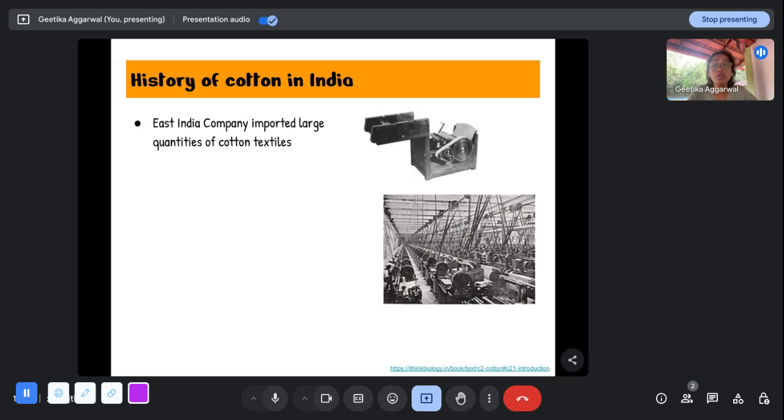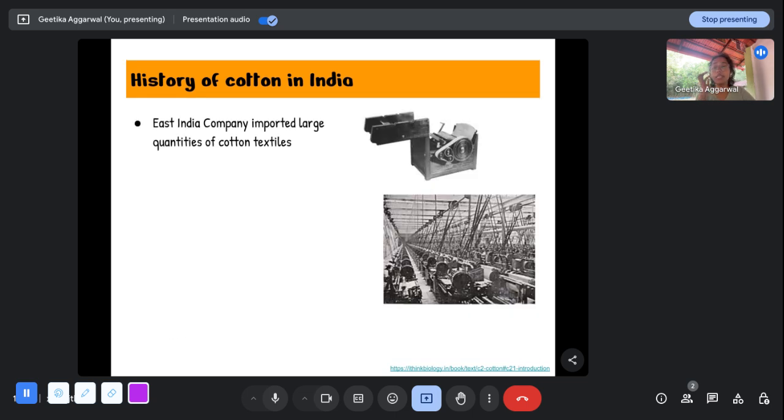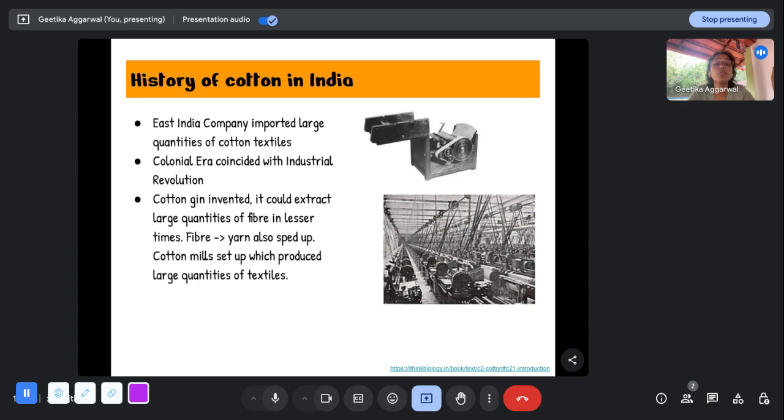So the history of cotton goes forward. After this, the East India Company came to India, and they used to import large quantities of cotton textiles from India and sell them in Europe at high prices. But then the colonial era coincided with the Industrial Revolution, and in the Industrial Revolution, the cotton gin was invented, which was not run by hand.